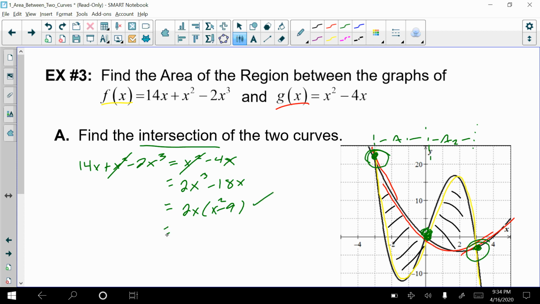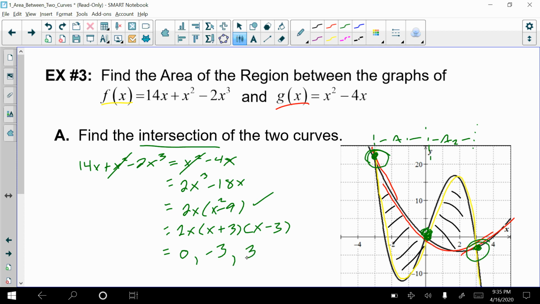Let's factor it: x plus 3 and x minus 3. When I set each factor equal to 0, the 2x factor gives me 0 for my solution, the x plus 3 factor gives me a negative 3, and the x minus 3 factor gives me a positive 3.